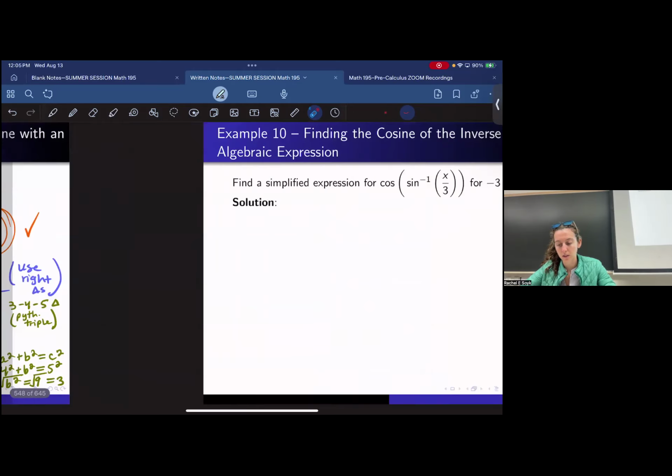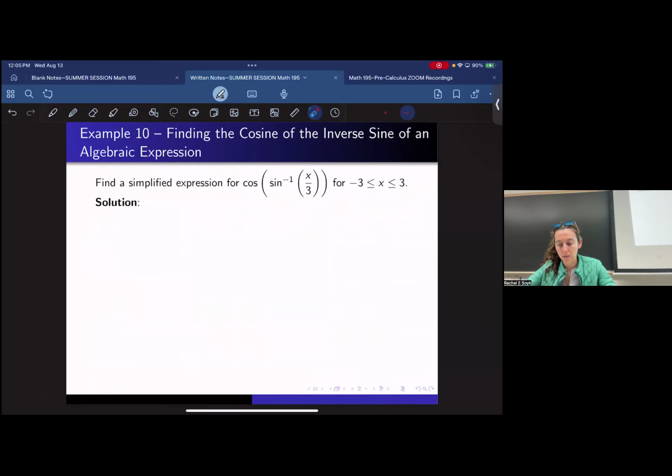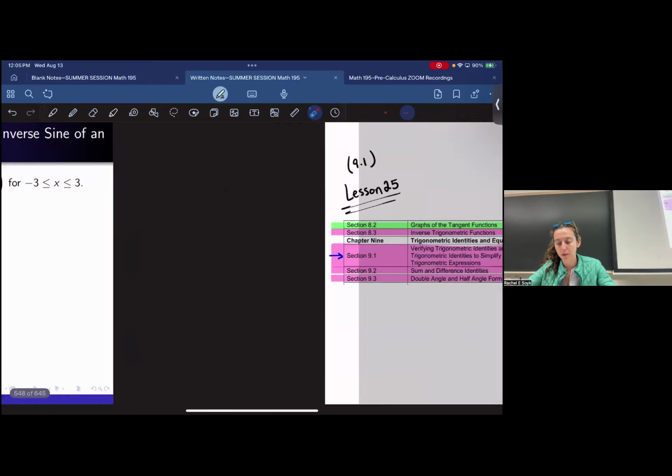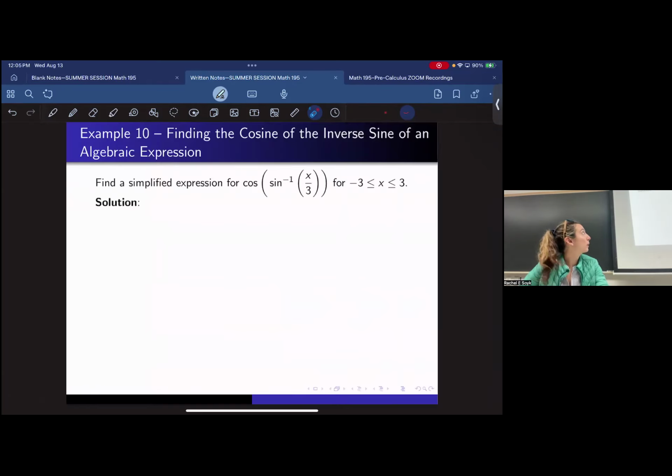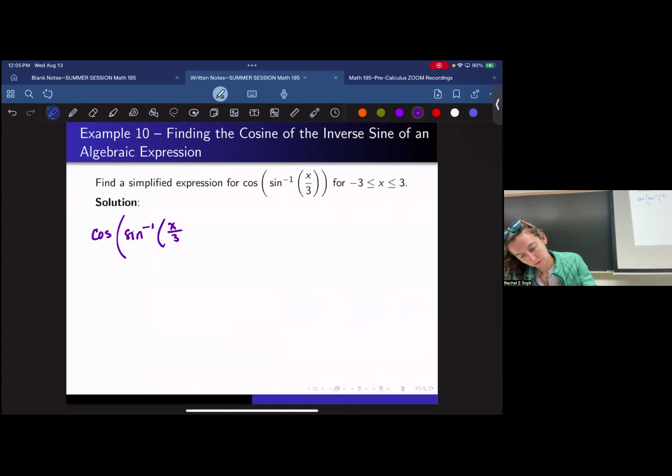Right. Let's do, I believe this is the last example for this section. So our example 10, we have find a simplified expression for cosine in parentheses sine inverse x/3.